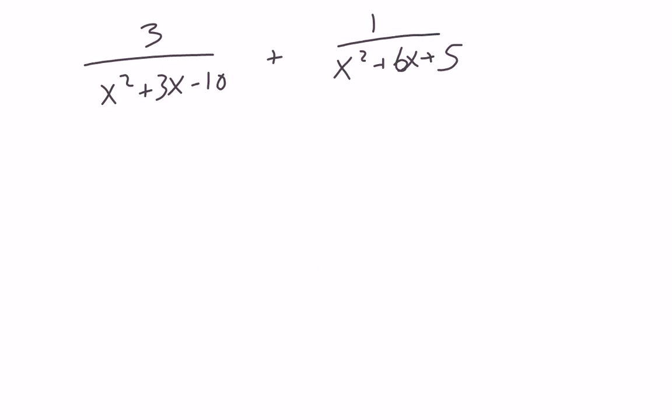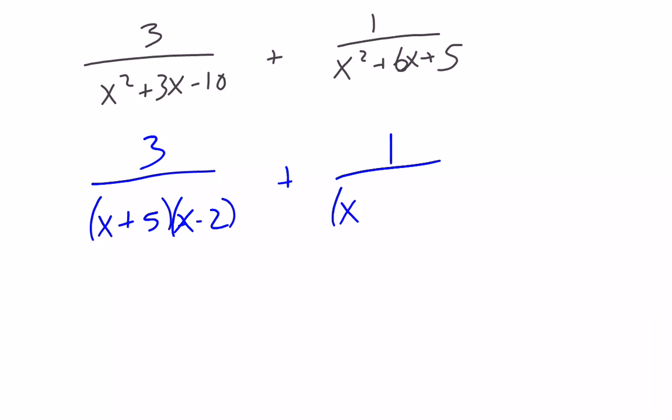So looking at problem 2, I have to factor both of these denominators. 3 over x plus 5, x minus 2, plus 1 over, careful here, x plus 5, x plus 1. So let's compare our neighbors.